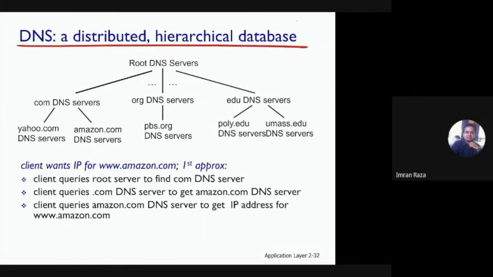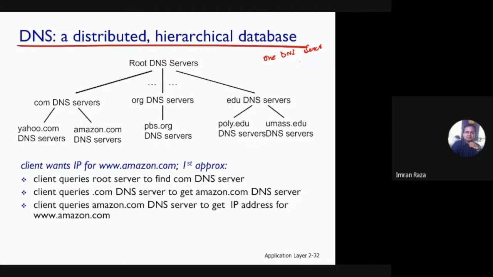If we look at the implementation of a simple DNS design, it could have been one DNS server. Now the question is how I will implement the mapping of IP addresses and host names. One simple implementation could have been that I have one DNS server, and every machine can connect to this single DNS server.